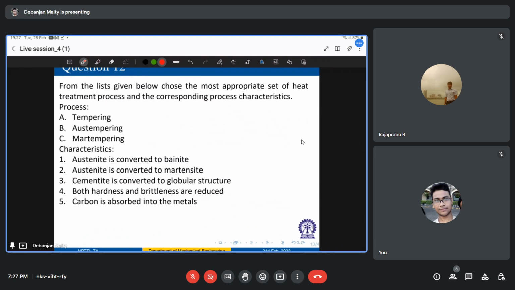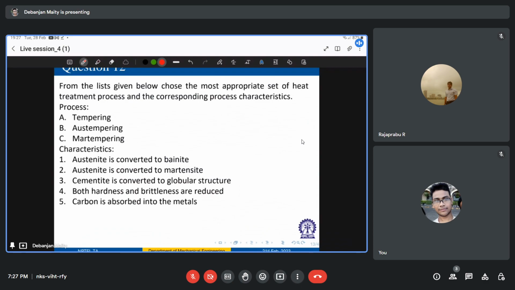This is my last question. Here it says that from the lists given below, we need to choose the most appropriate set of heat treatment process and the corresponding process characteristics. So here we have tempering, austempering, martempering.